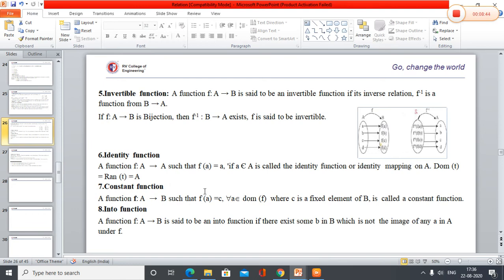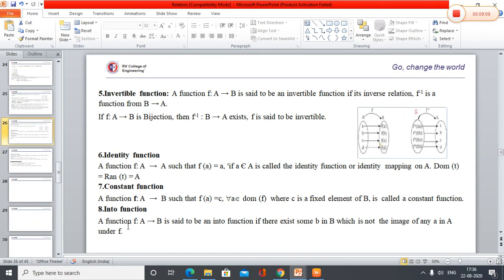It means the image of every element of A is some fixed constant value. So f(a) is equal to c for each a belonging to the domain of f, where c is a fixed element. If I have elements a, b, c, d, all have the same image, that fixed value only.